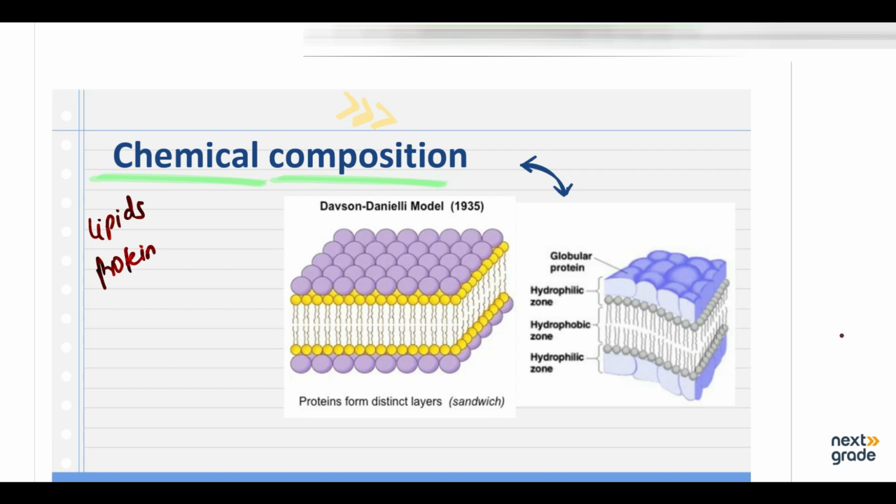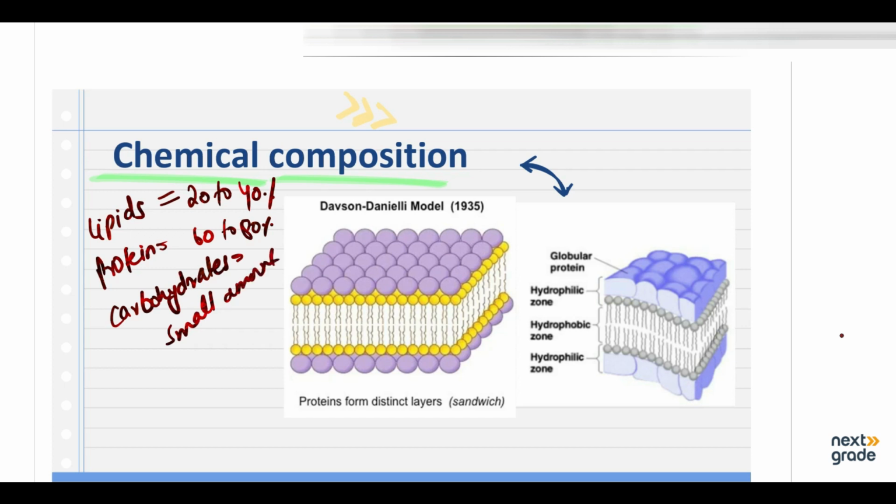About 20 to 40% are lipids, but 60 to 80% are protein. However, there is a smaller quantity of carbohydrate that is also present here, but in small amount.